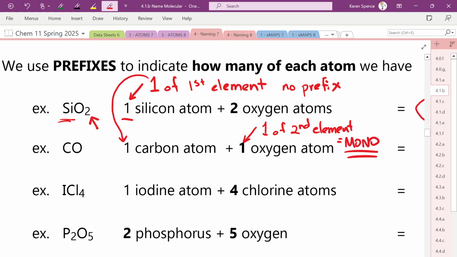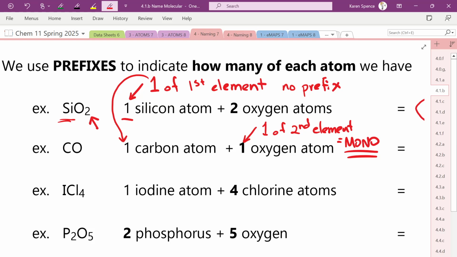So we use mono on the second word, but not on the first word. Everybody, including Ethan, who's on his phone: mono on the second word, but not on the first word. Okay?